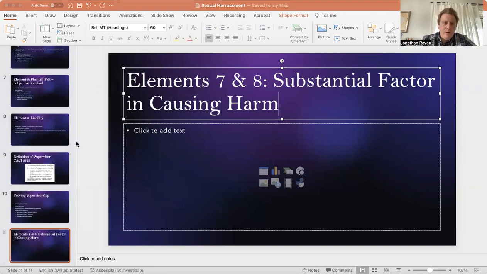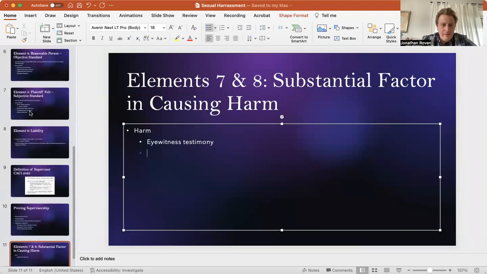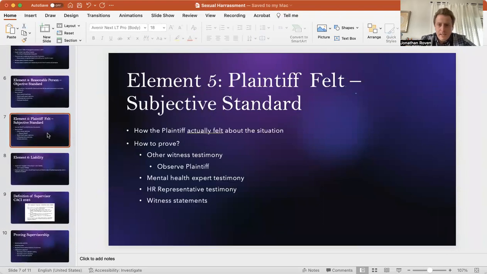So how do we go about doing that? First we need to show harm. What is harm? It's emotional distress. How do we do that? We do it through eyewitness testimony. Just like we saw, it's going to be very similar to element 5, the subjective standard.